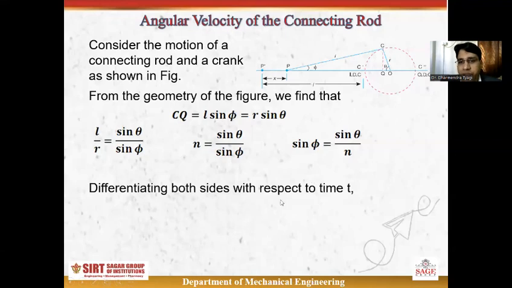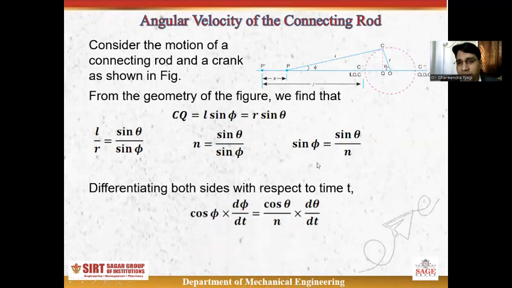Now, differentiating both sides with respect to time, the differentiation of sine phi is cos phi into d phi upon dt, which equals the differentiation of sine theta, that is cos theta, with n constant, into d theta upon dt. Here theta is the angular displacement of the crank, so d theta upon dt is omega, the angular velocity.